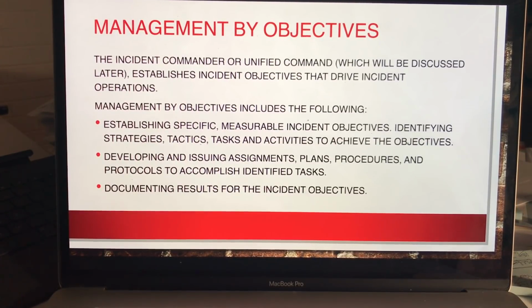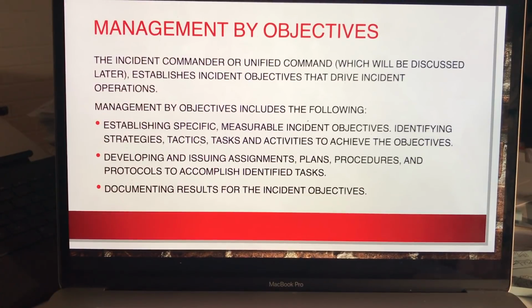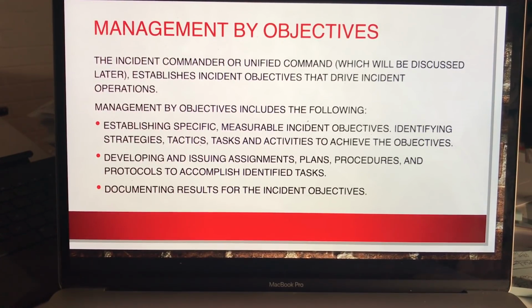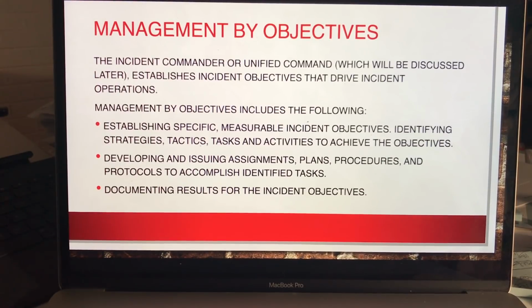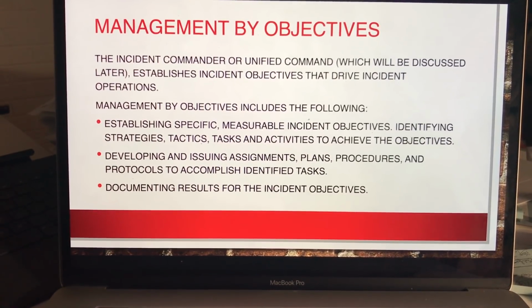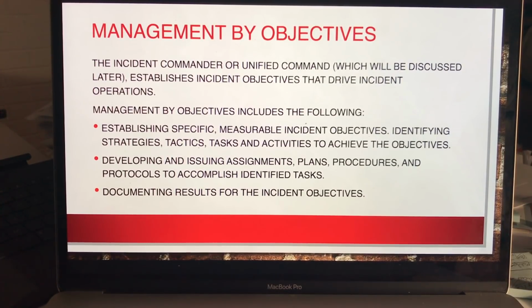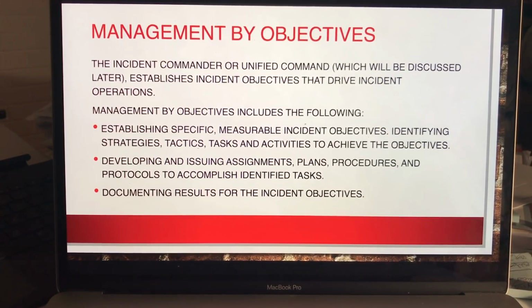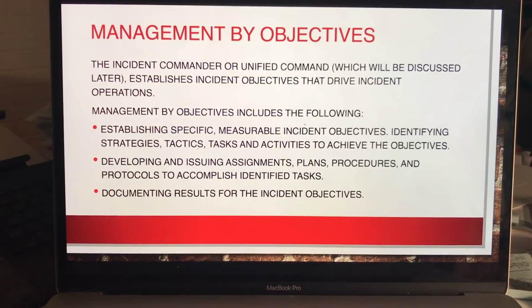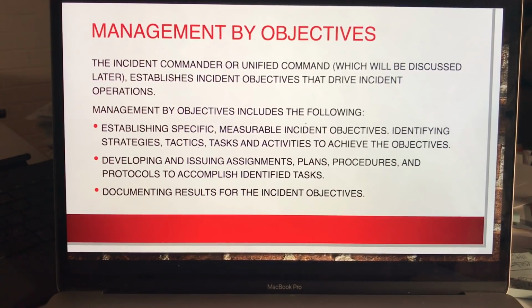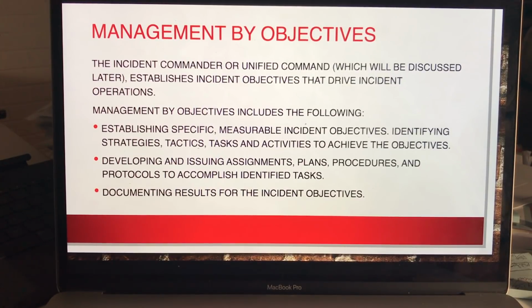We will establish specific measurable incident objectives, identifying our strategies, tactics, tasks, and activities to achieve the objective. Develop and issue assignments, plans, procedures, and protocols that accomplish the identified tasks, and document results for the incident objectives.